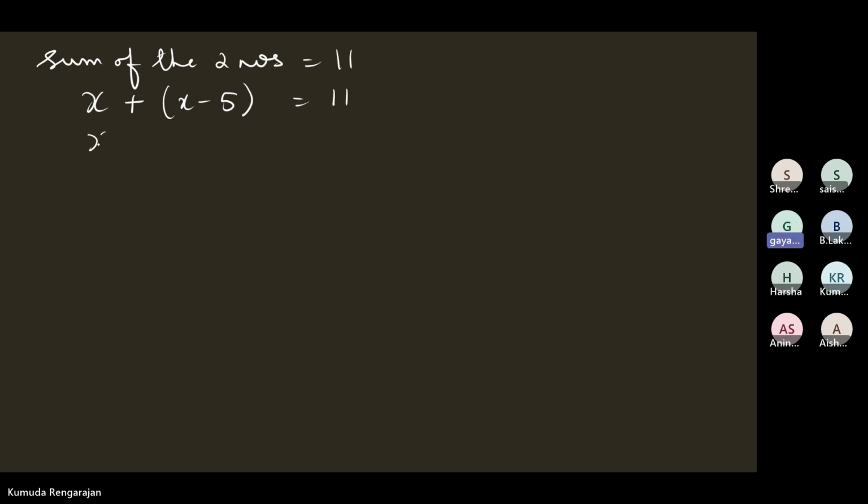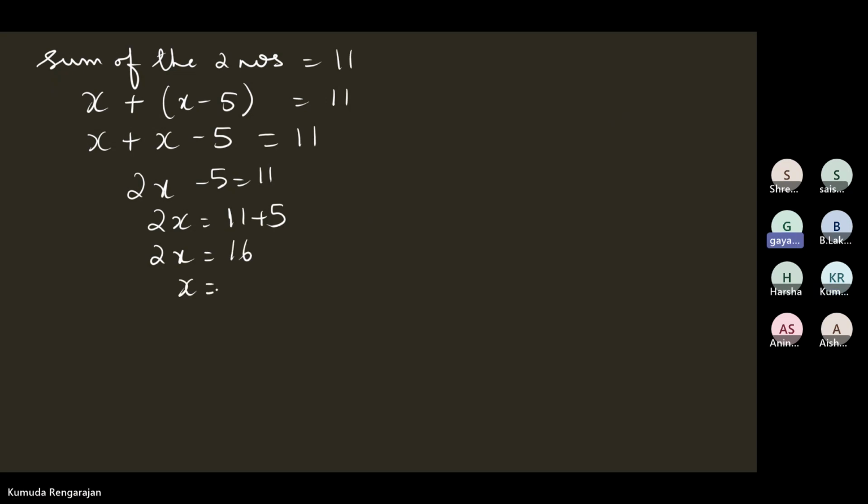So x plus x minus 5 is equal to 11. 2x minus 5 is equal to 11, ma'am. So 2x is equal to 11 plus 5, transposing. So 2x is equal to 16.